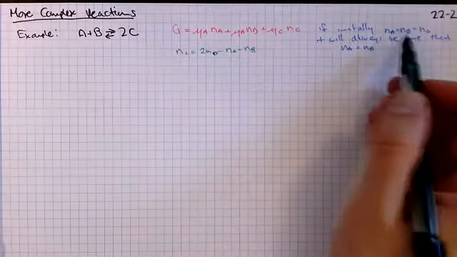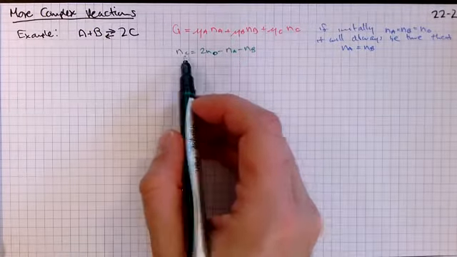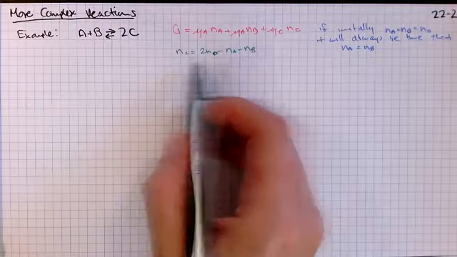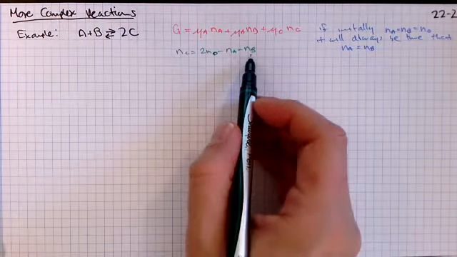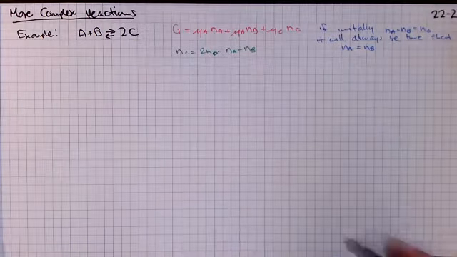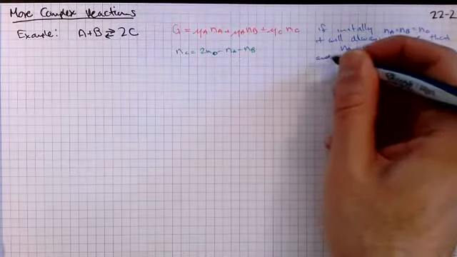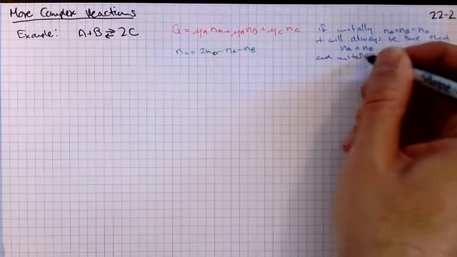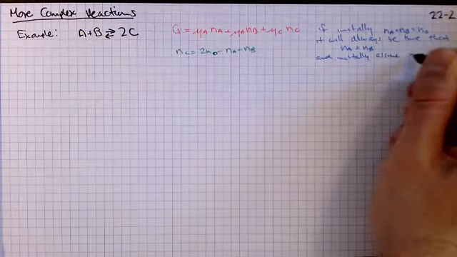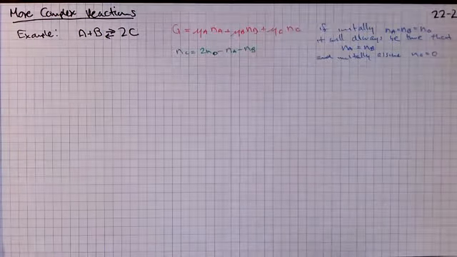So if initially NA and NB are both equal to N0 and there are no moles of C, then as the number of moles of A and number of moles of B go down, the number of moles of C goes up, right? So we're also assuming that initially NC equals 0. Okay, so that gives us this relation.